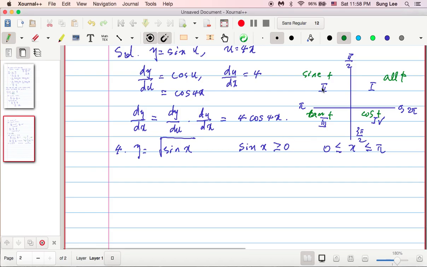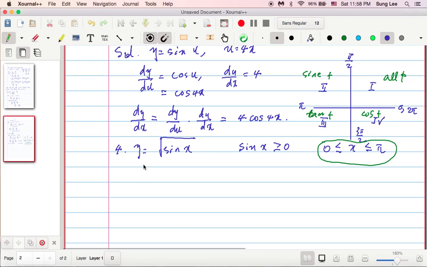In the first and second quadrants, sine is positive, and including 0 and pi, it is non-negative. So as an example, you can choose the closed interval from 0 to pi as the domain for the function y equals square root of sine of x.